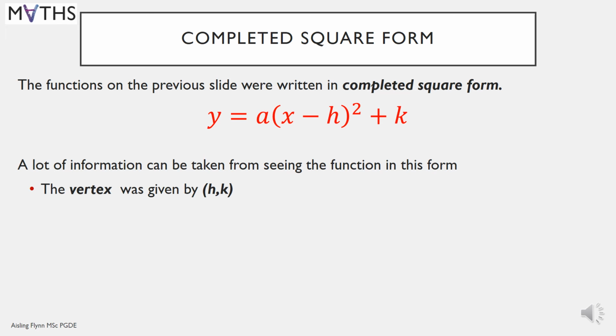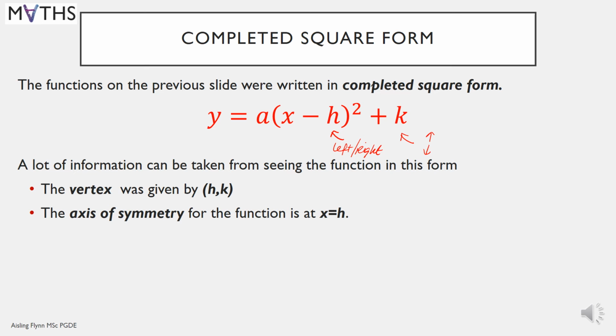For example, the vertex or the turning point could be read immediately as h comma k. So h appeared here in the bracket with x, and this gave you the position left or right of the vertex, and the constant k referred to the vertical position of the vertex, so up or down.